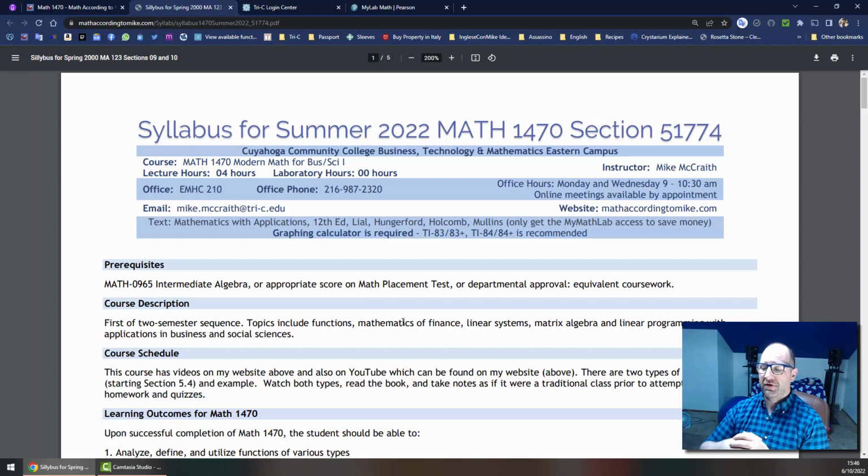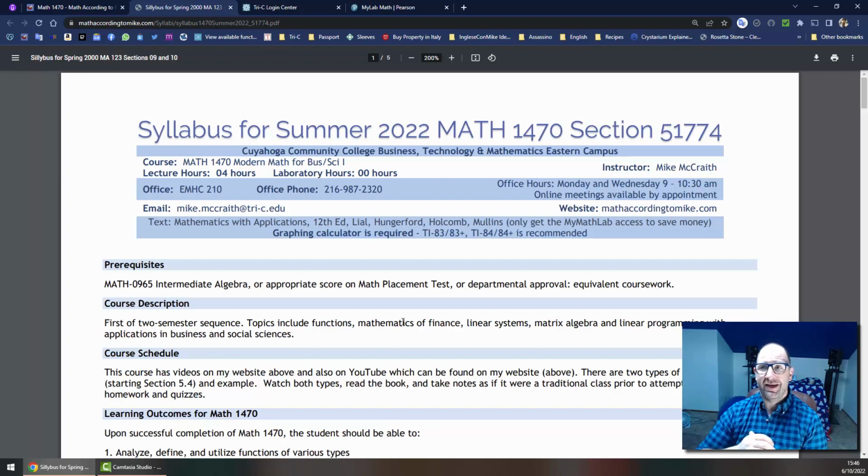If you're waiting for money to come in, you will have 2 weeks of access for free while you're waiting. Don't let that lapse, meaning make sure you purchase access before the 2 weeks are over. Otherwise, you'll be locked out of your homework and your quizzes, and as you'll see, there's going to be stuff due every week. So there's that.